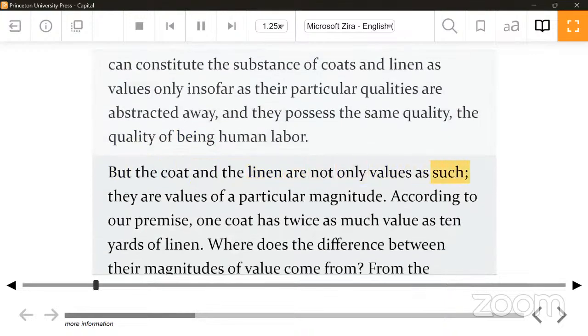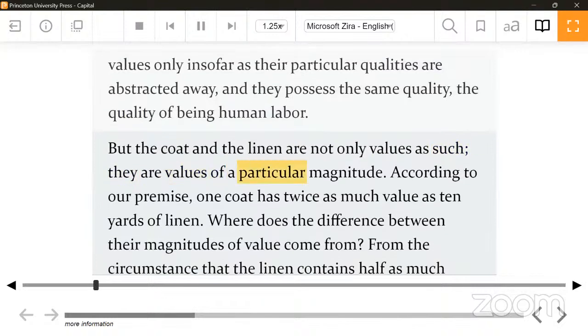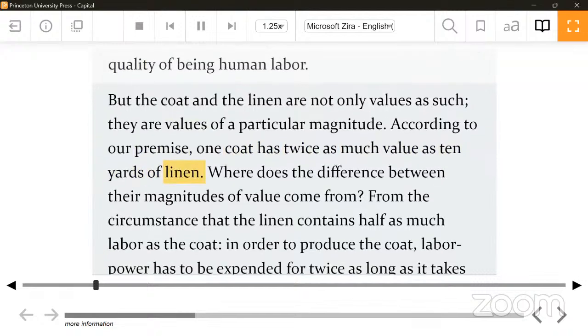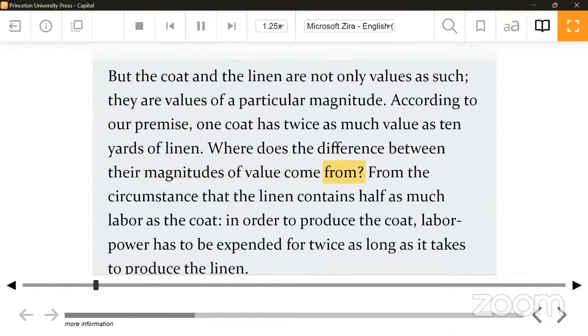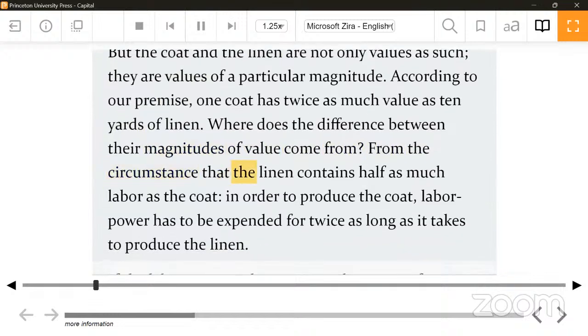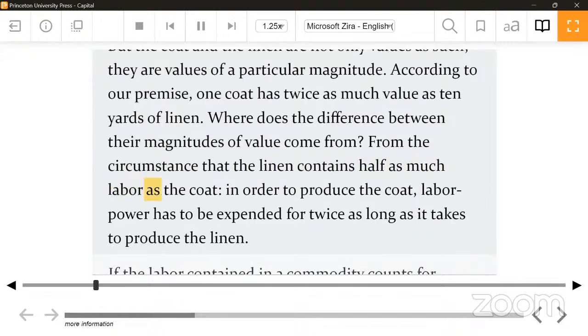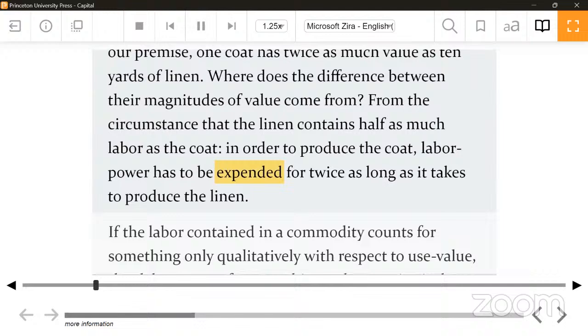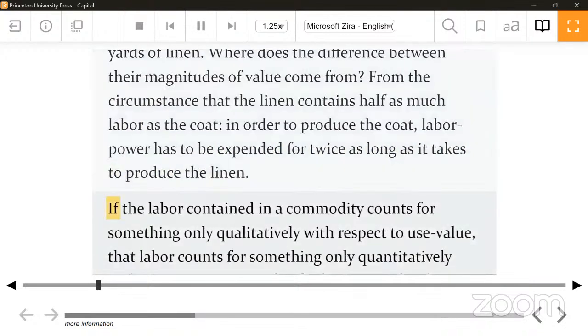But the coat and the linen are not only values as such, they are values of a particular magnitude. According to our premise, one coat has twice as much value as 10 yards of linen. Where does the difference between their magnitudes of value come from? From the circumstance that the linen contains half as much labor as the coat. In order to produce the coat, labor power has to be expended for twice as long as it takes to produce the linen.